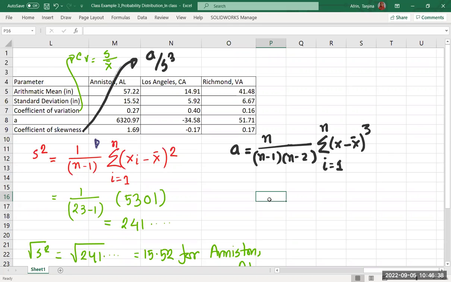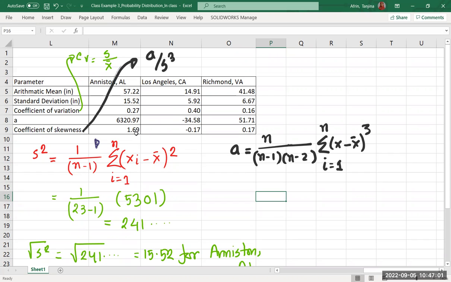Which is kind of strange, right? They have the lowest annual rainfall, but if you think about the variation, maybe one day they got a huge amount of rainfall, and then for the next few weeks, no rain, nothing. So that's what we're seeing from here. Now, which one has the most skewed data? Which area? Alabama, California, or Richmond?